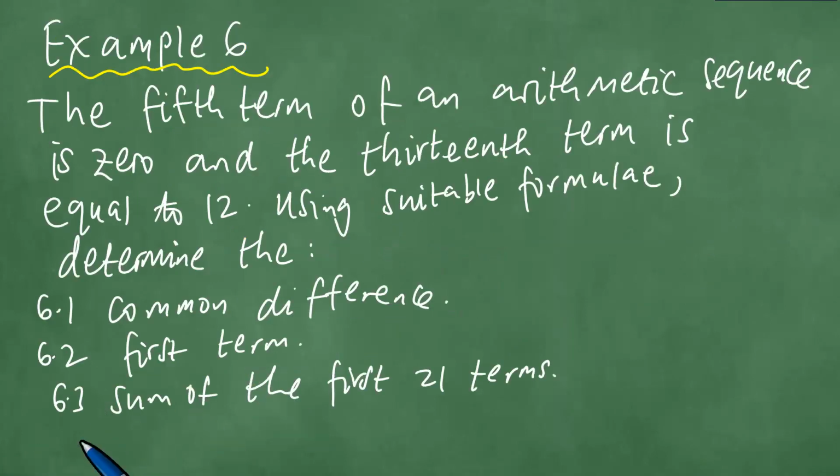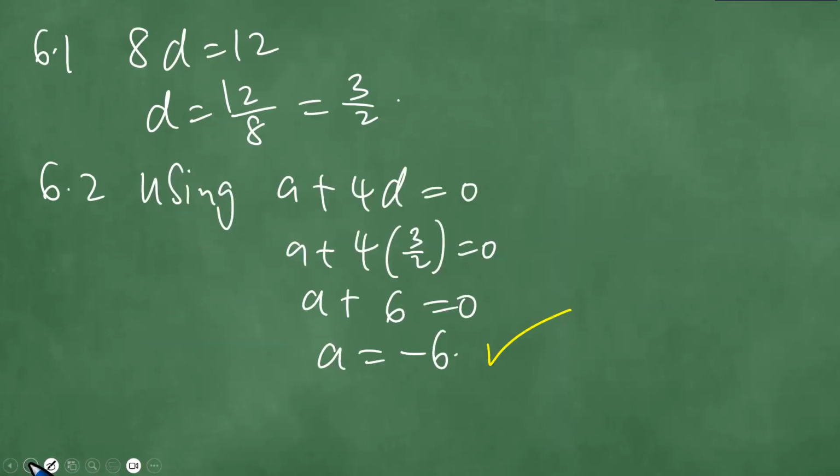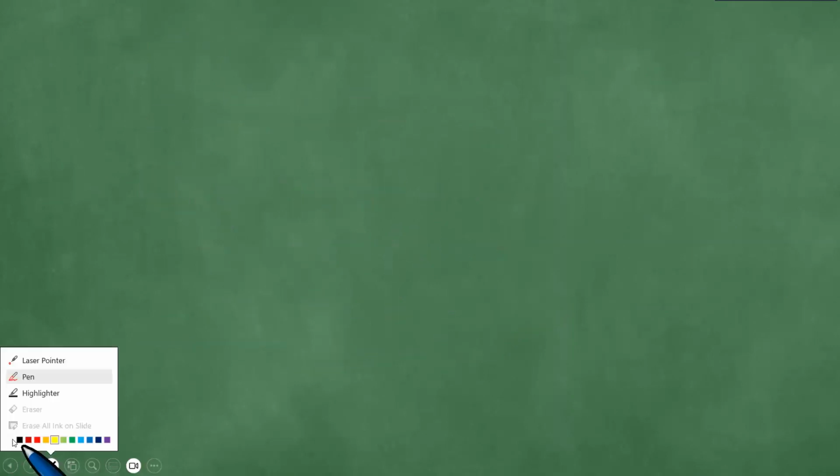Okay, the sum of the first 21 terms, 6.3.